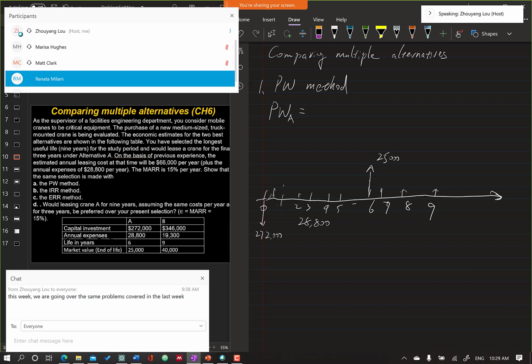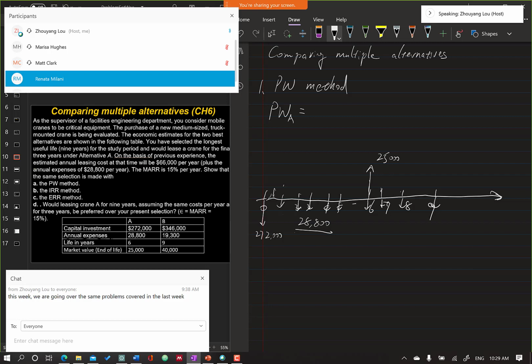And we will have these expenses for all the 9 years. For A, that's all 28,800, and the market value we have is 25,000 at year 6.